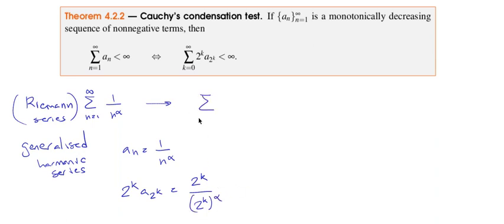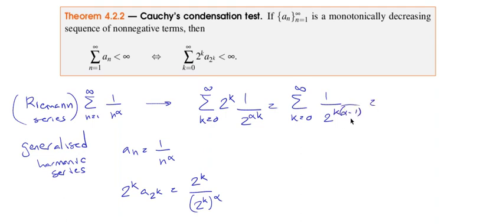So this is the series from k equals 0 to infinity of 2^k divided by 2^(alpha k). Can we see if this is convergent or not? Well, we can operate here. This is the sum from k equals 0 to infinity of 1 over 2^(k(alpha - 1)), right? But then we can apply the properties of the exponential and say this is (2^(alpha - 1)) to the k, right?